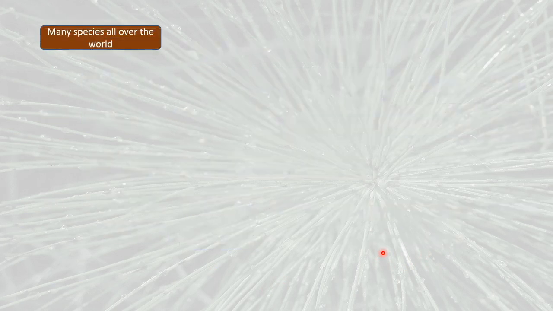Since many species are present all over the world, we will look into some of these species. All of these species are present in varied types of habitats, so we can see Equisetum in various habitats.